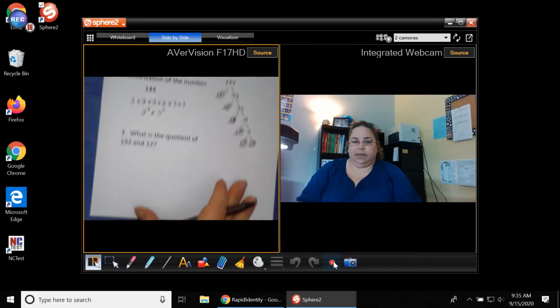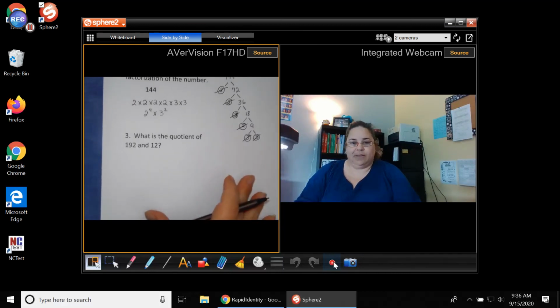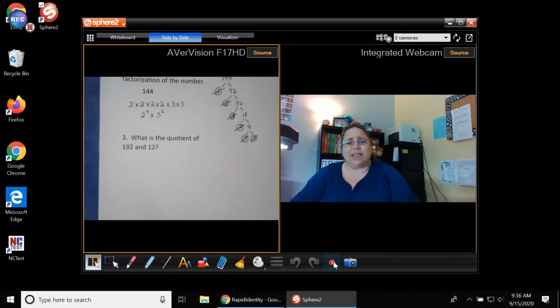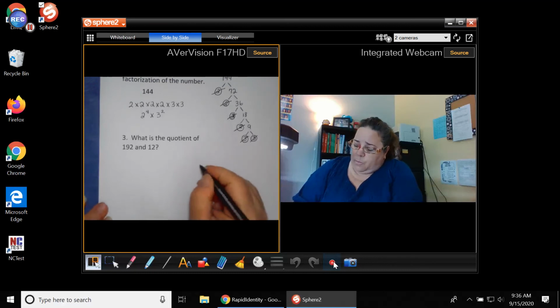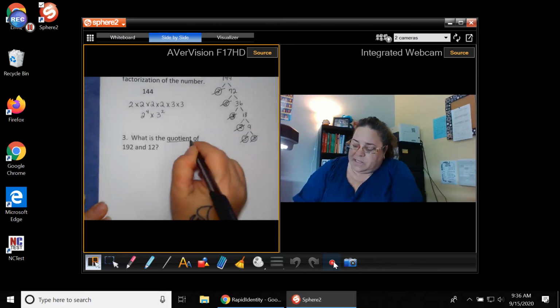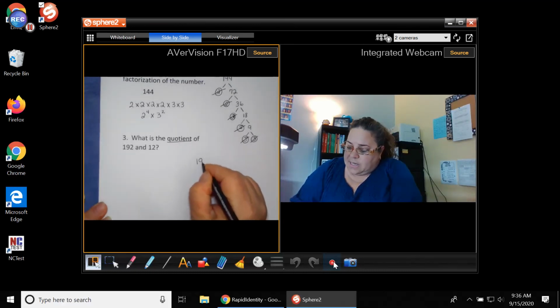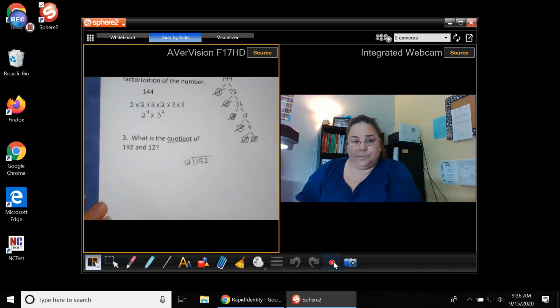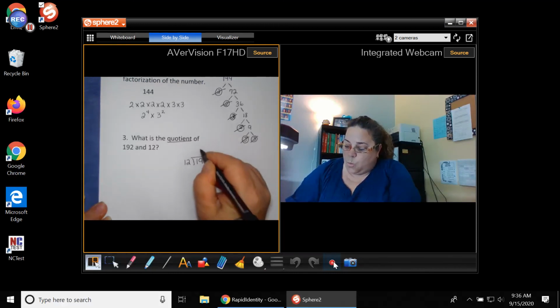next, back to division. We've got to keep practicing the division, because that's the one that's the hardest for us to get really good at. So we're going to keep practicing it. We've got find the quotient. Remember, quotient means divide. 192 divided by 12. 12 goes into 19 one time.